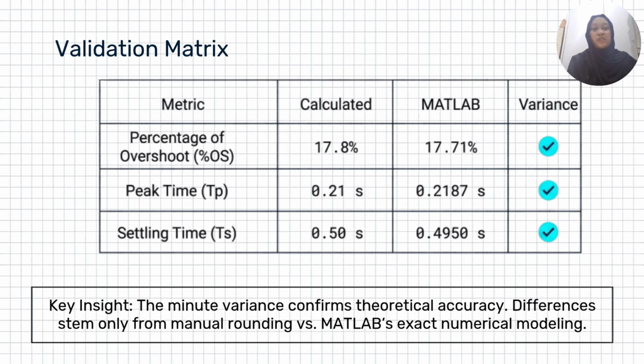For percentage of overshoot, manual calculation gives 17.8%, while MATLAB gives 17.71%. For peak time, we get 0.21 seconds for manual calculation and 0.2187 for MATLAB. And settling time is 0.50 for manual calculation, and 0.4950 for MATLAB simulation.